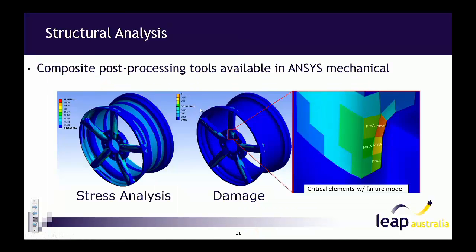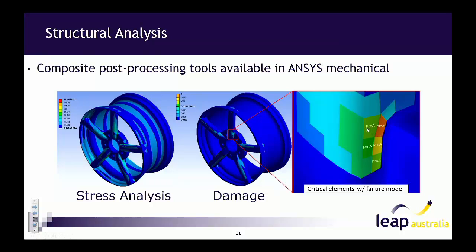When it comes to post-processing, we can do the stress analysis, we can do the deformation that we can do with any material, but there's also a lot of extra functionality in composite damage modelling. I mentioned how complicated this can be, how many different modes there are. We can use these composite damage tools to find the reserve factor in our design, and also it will show you the hotspots in your model and the mode of fracture.